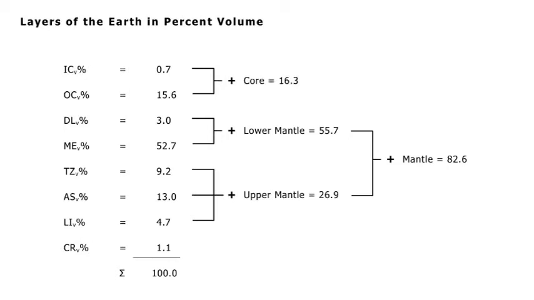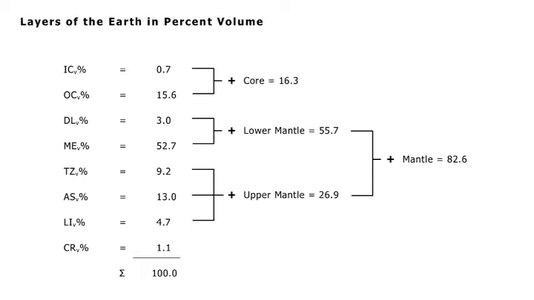Now, sometimes the inner and outer core are just referred to as the core, and if you add those percents together, you get 16.3% is the volume relative to Earth. So the core itself makes up 16.3% of the Earth's volume. And then we have the lower mantle, which is 55.7. And then these three layers here, the transitional zone, asthenosphere, and lithosphere are all technically what people refer to as the upper mantle.